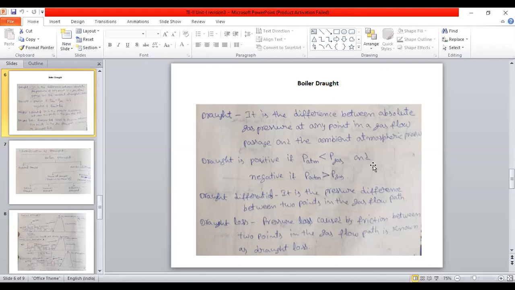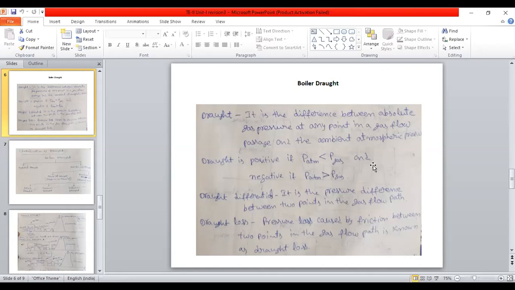Here, the amount of draught necessary for a certain boiler plant depends on the rate at which combustion takes place, the characteristics of the fuel, the grade and design of the combustion chamber, the method of burning the fuel, and also the resistance in the flue gas circuit offered by baffles and tubes, superheaters, economizers, preheaters, etc.